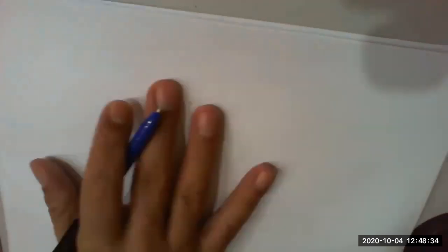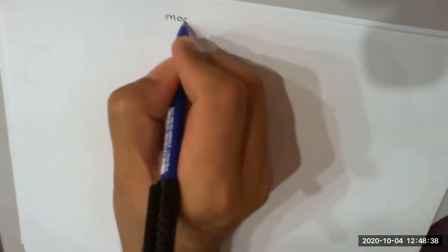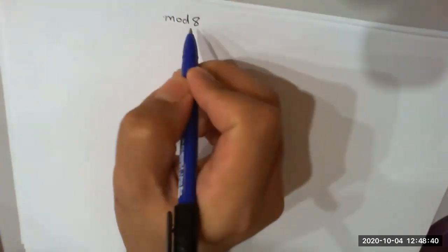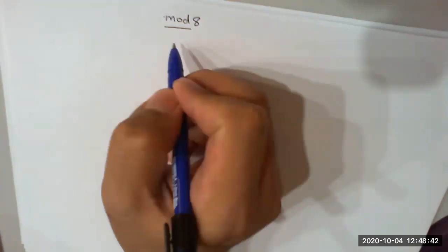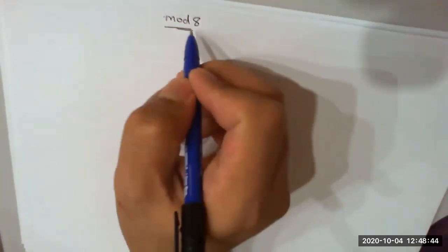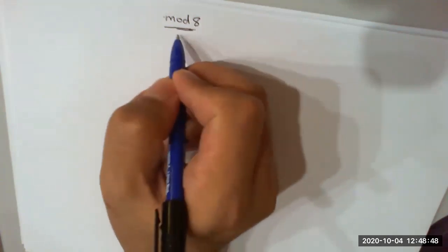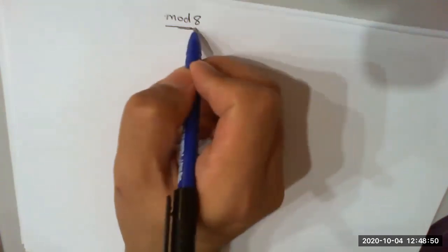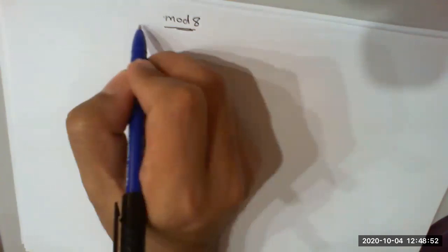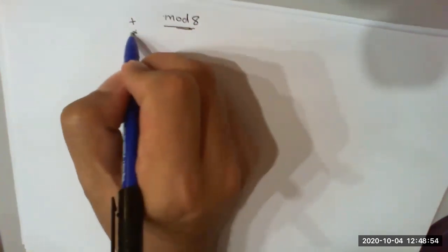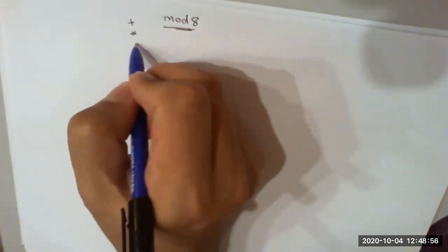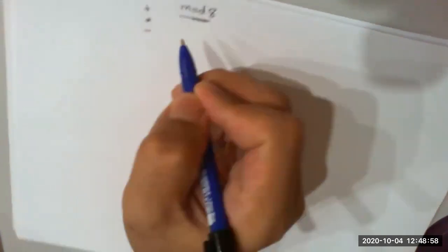So the modular arithmetic, for example, mod 8. We studied mod 8, and we showed how to reconstruct the modular arithmetic mod 8. So we construct the addition, multiplication, and subtraction.